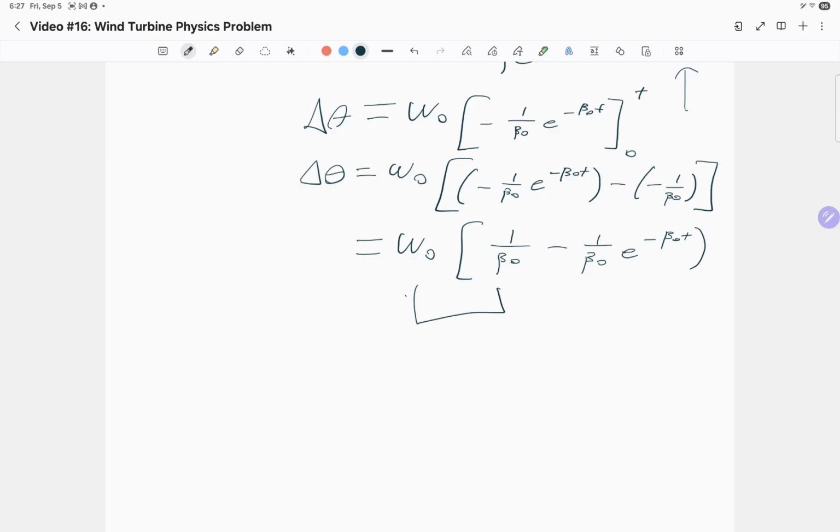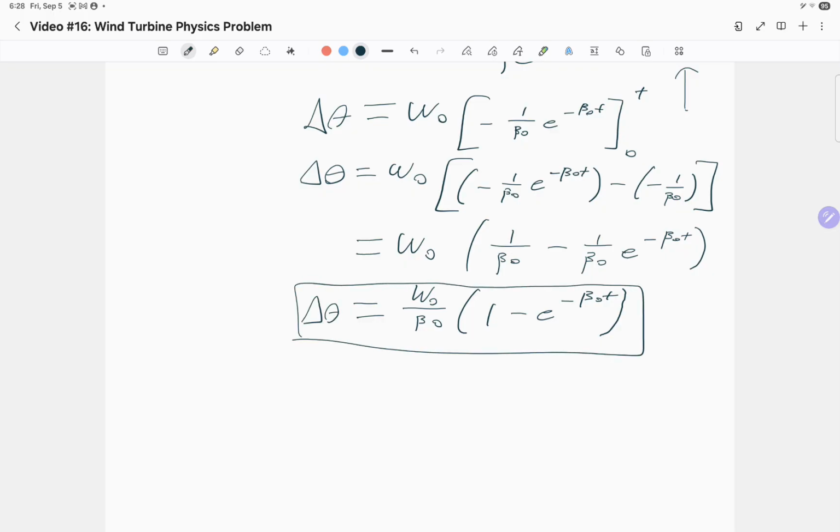We pull this out of the brackets, which are now going to be parentheses, because we can't have that mismatched. There you go. This is our answer for a function for angular displacement as a function of time.